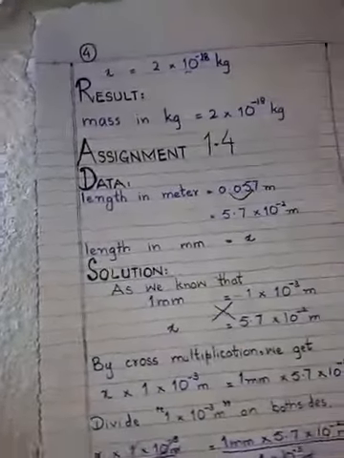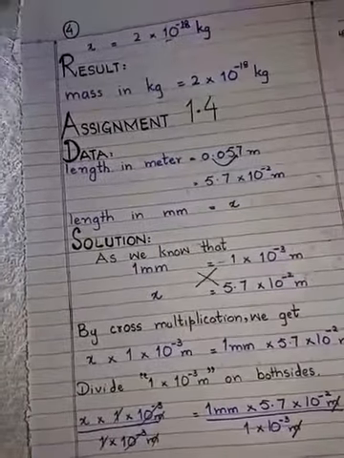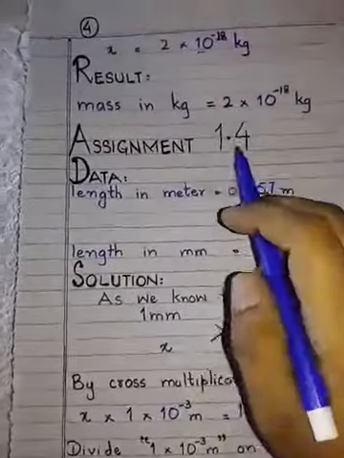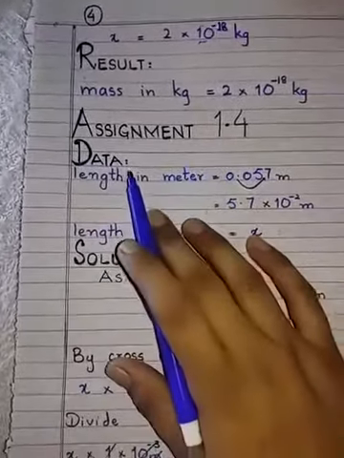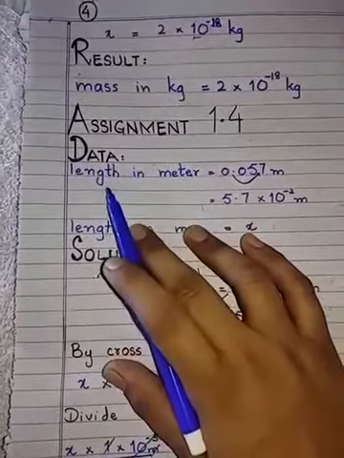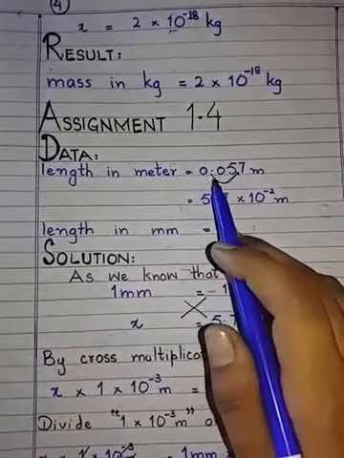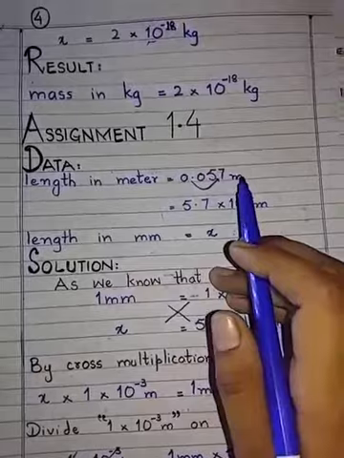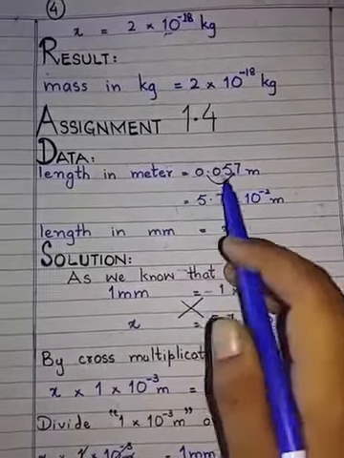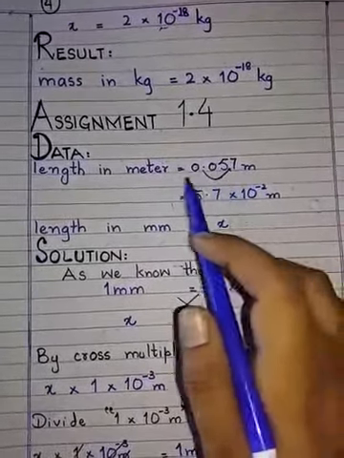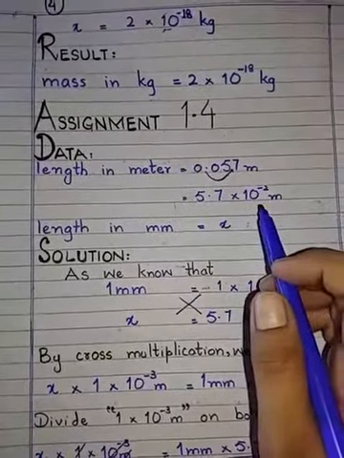The same procedure will be followed. First, assignment number 1.4. First we will arrange the data, and the length of the hummingbird is given in meter, that is equal to 0.057 meter. The question is, girls, first convert this value into standard notation.